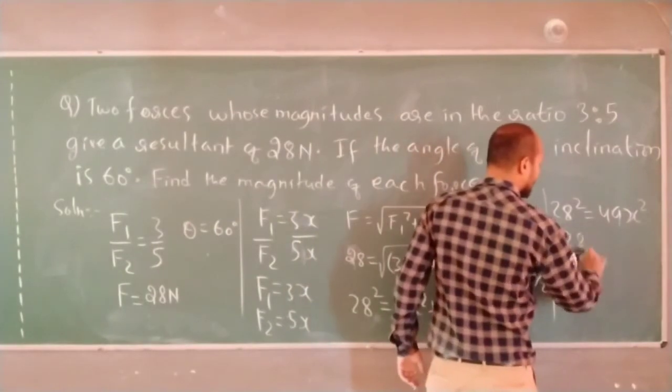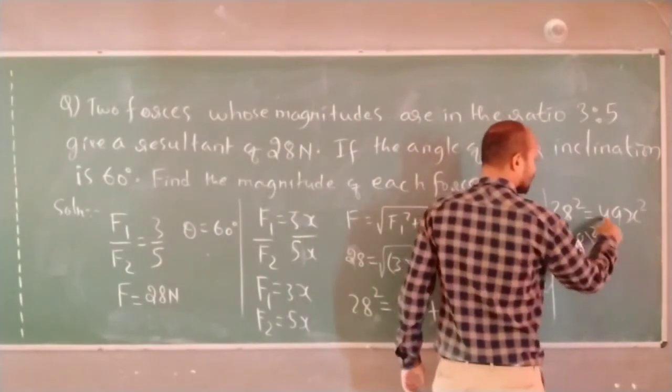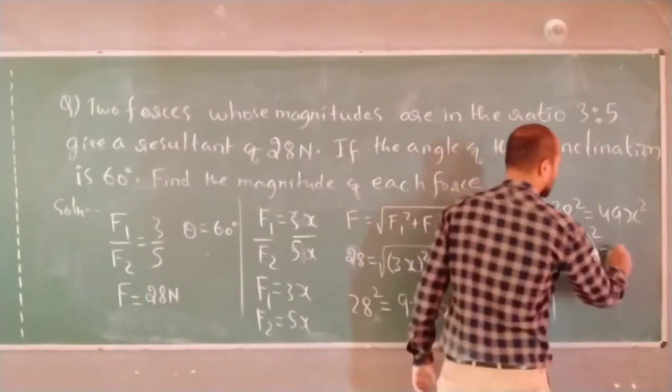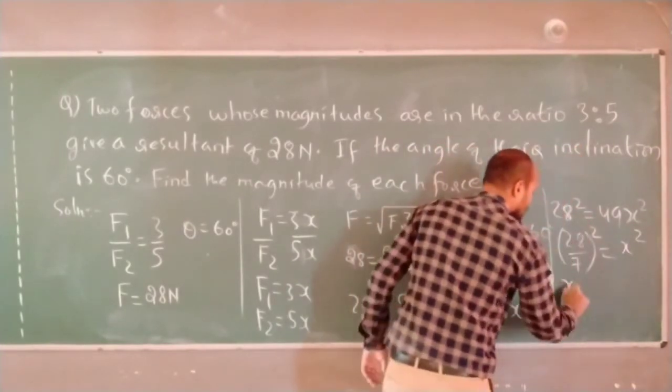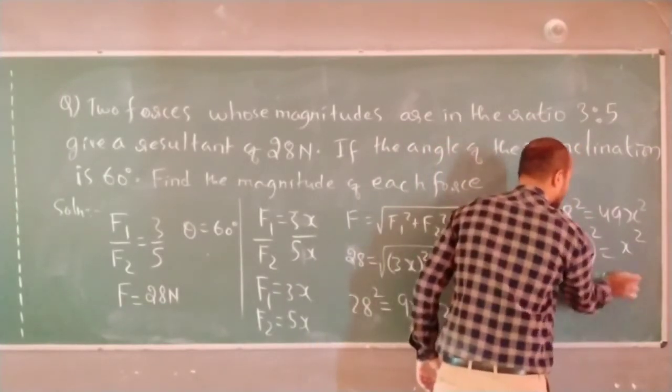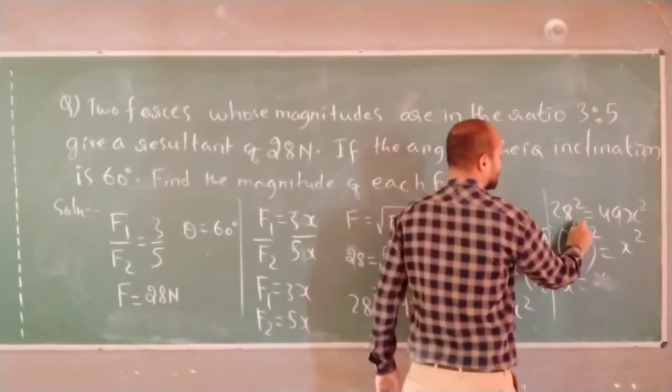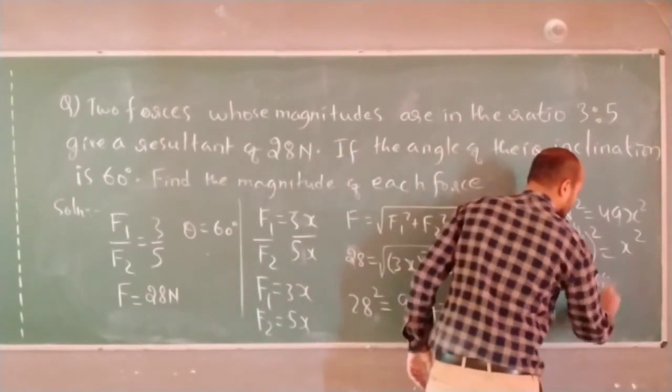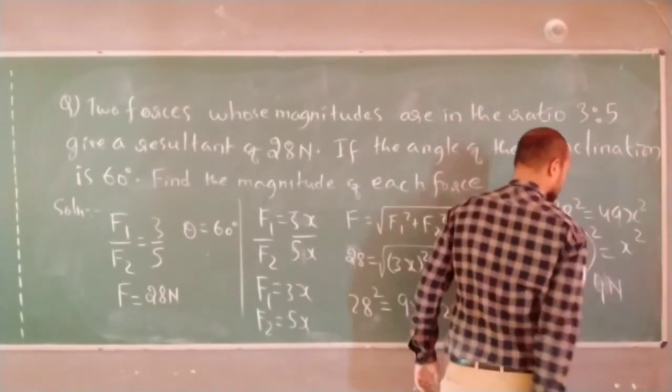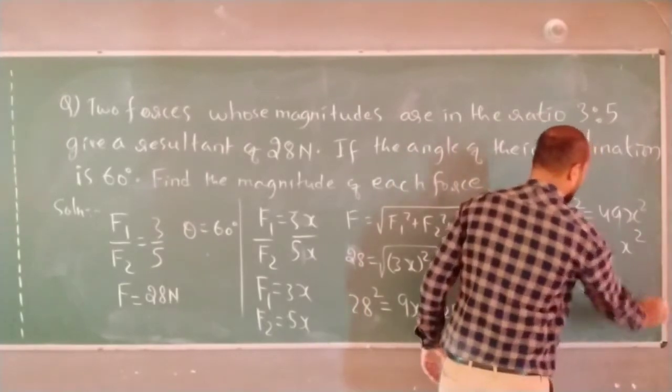So 28 by 7 whole square will be equal to x square. So x is equal to 4 Newton, or x is equal to 4.